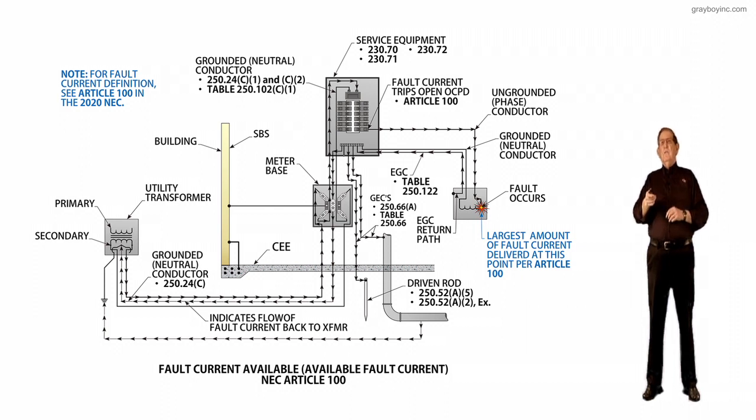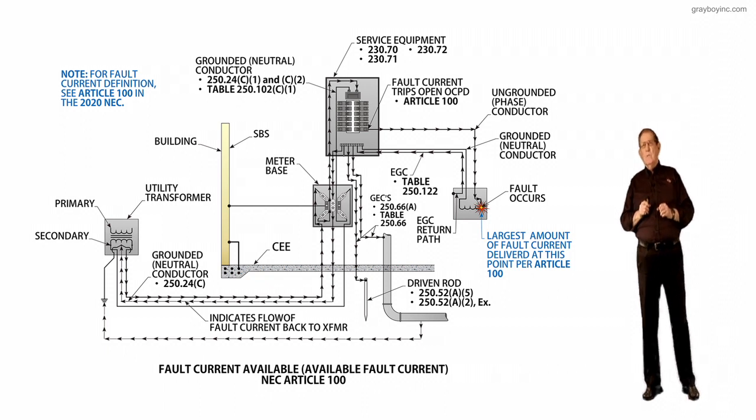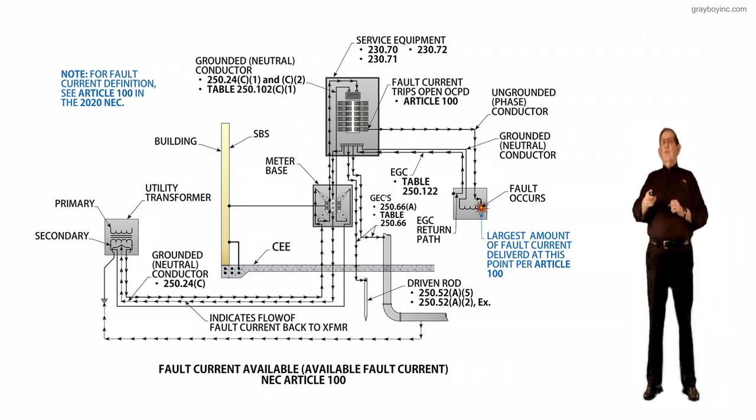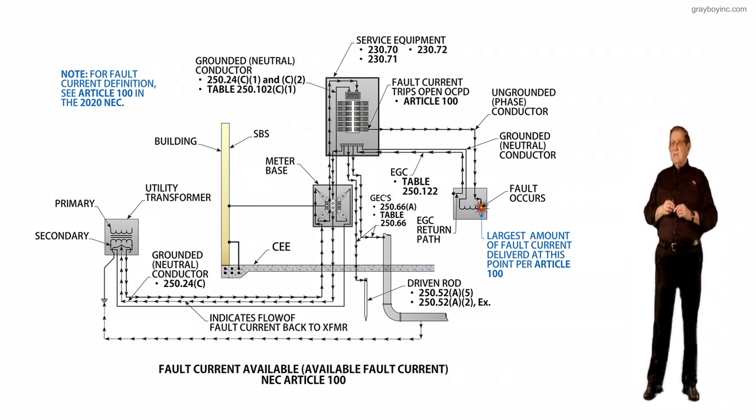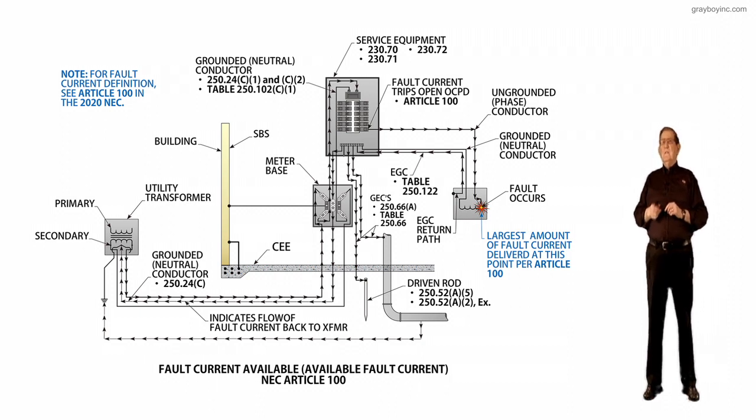Now, notice if we review from the circuit breaker in the panelboard, where it says overcurrent protection device with interrupting rating, then notice that the equipment ground, as we pointed out in the previous illustration, if used, had to be sized from table 250.122 based upon the overcurrent device.